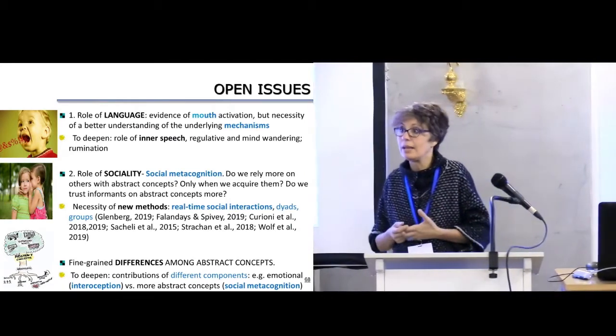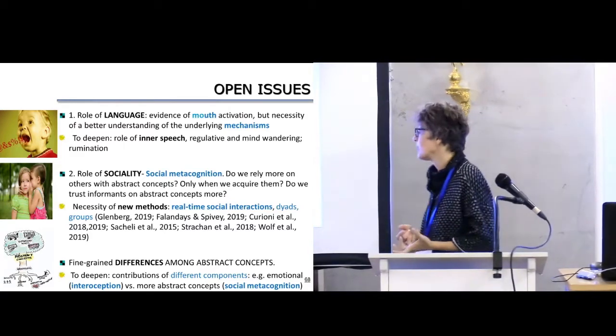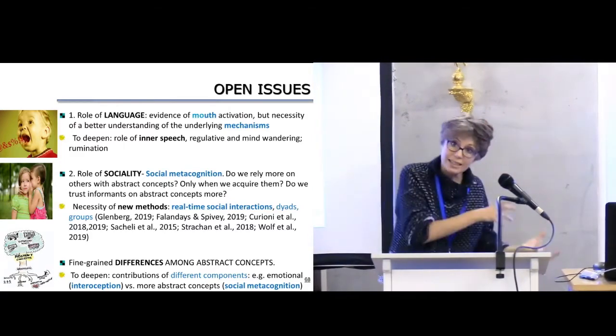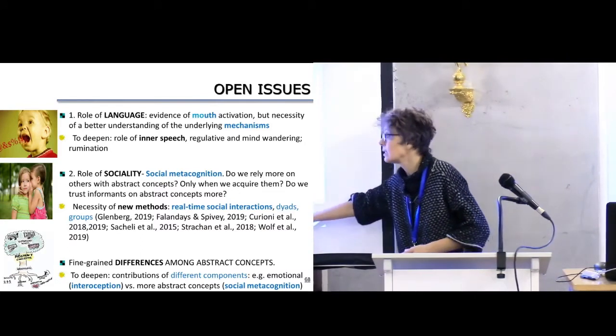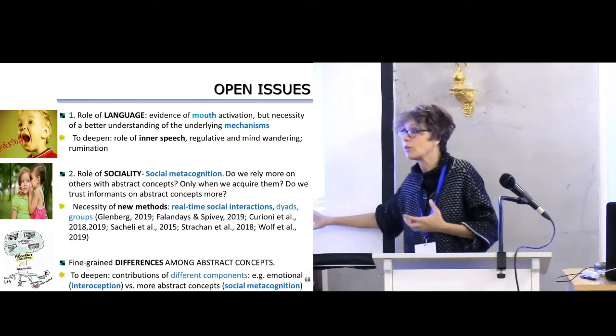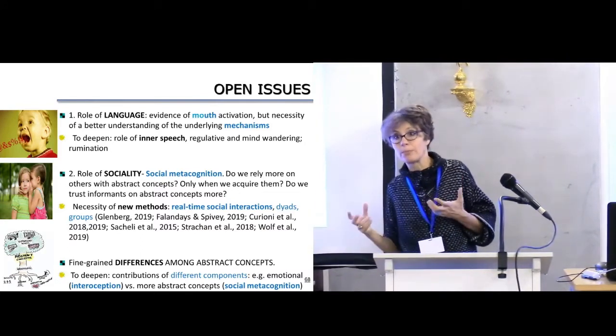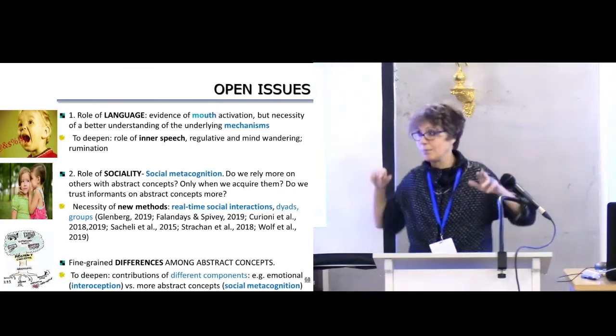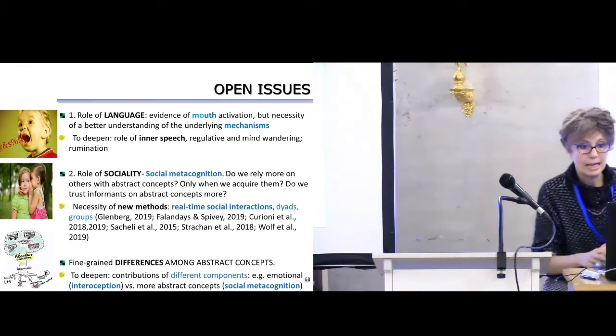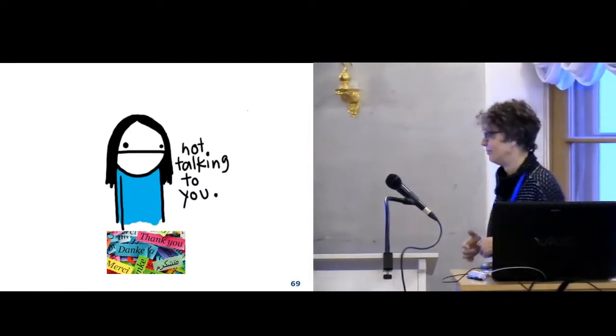For example, this interoception component, which is important on one side, for more embodied abstract concepts, and these social components, social metacognition components, that might be more crucial for more abstract mental abstracts. And that is it.